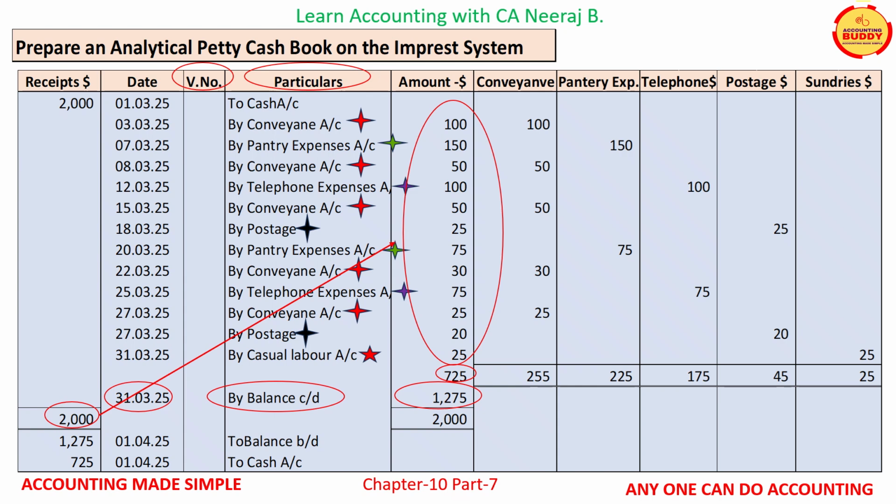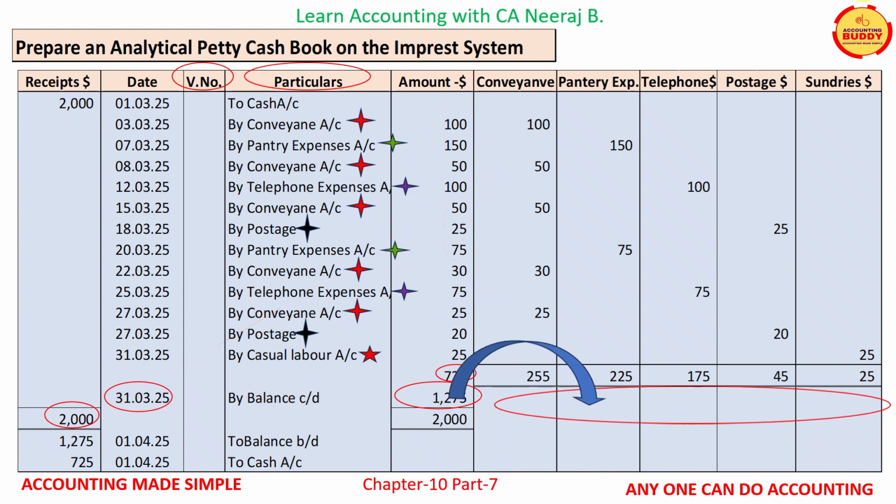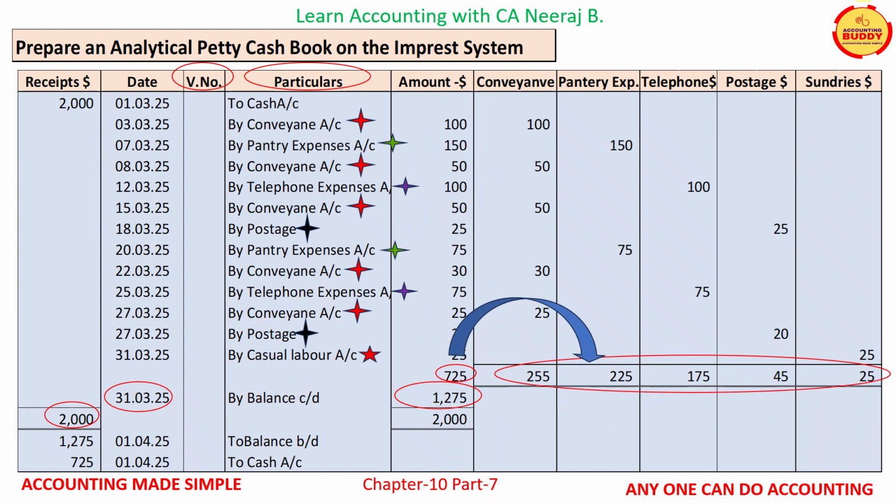Please note that the total payments under each expense head will be equal to the total of all the payments recorded under the amount column. By following this process, the total of the receipt column and the total of the payment column will be equal and petty cash book is said to be balanced.